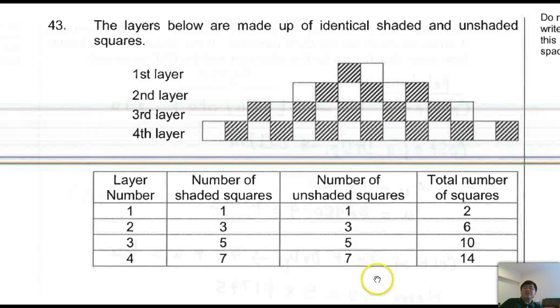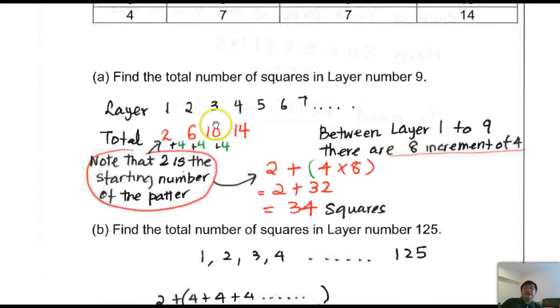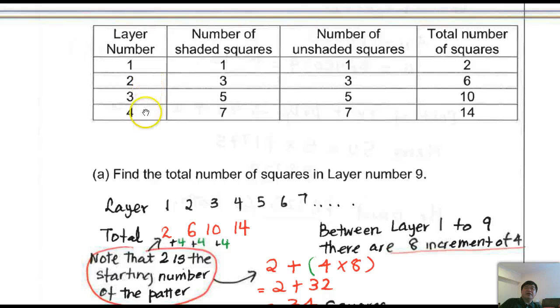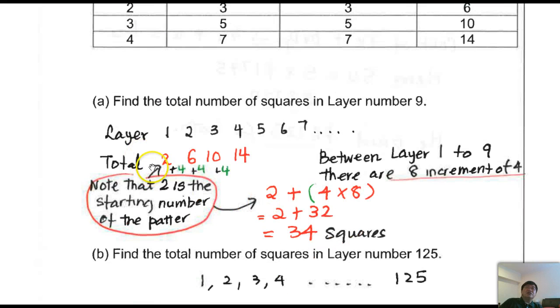But what is important now is the total. The total number of these shaded and unshaded squares. So 3, 3 total is 6 and so on. Now I'm going to list it down this way. Layer 1, 2, 3, 4, 5, 6, which represent the layers. The total number of the shaded boxes is this, this, this, this.